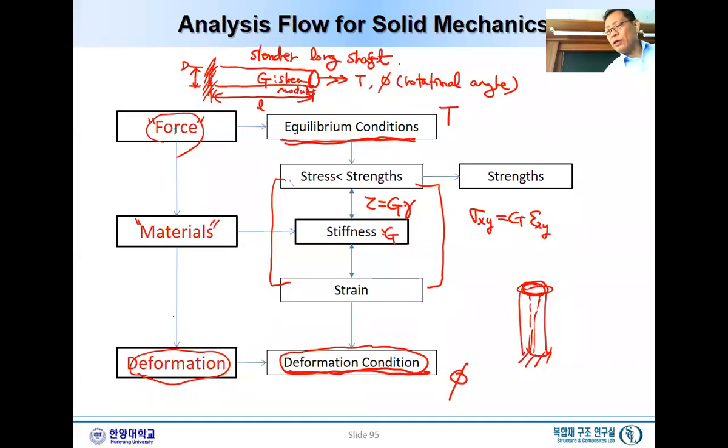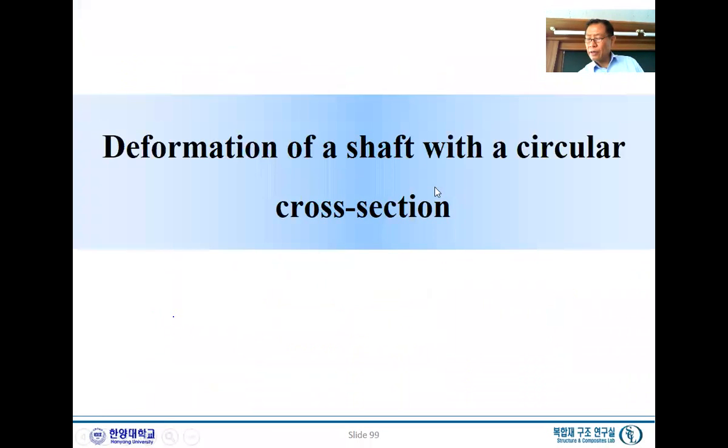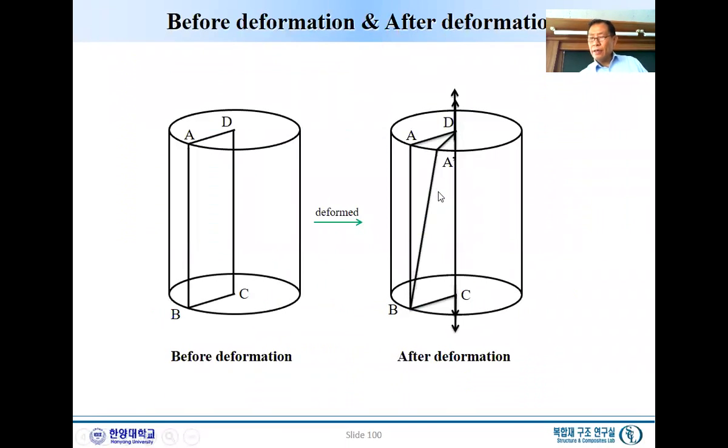Later we will consider equilibrium conditions, and then after that we will combine all of them. Then we will come up with a theory called torsional theory. Anyhow, we will consider the deformation condition. Before deformation, after deformation, this is the shaft, fixed at the bottom.